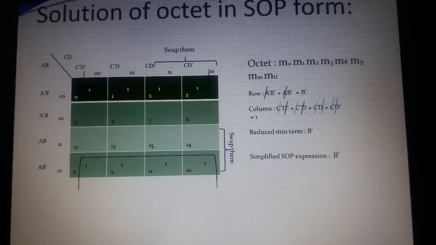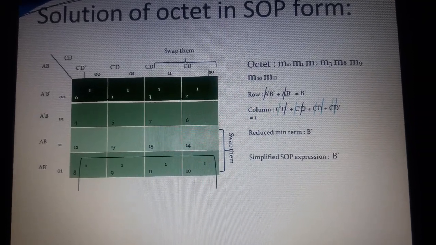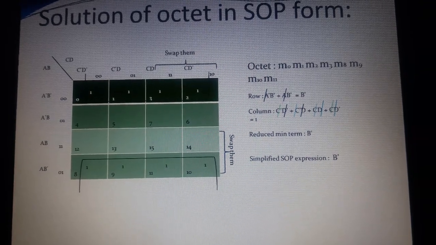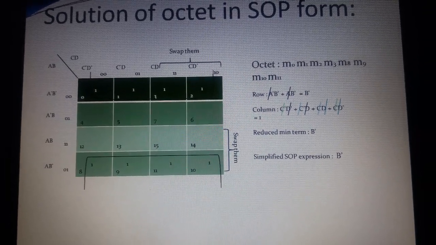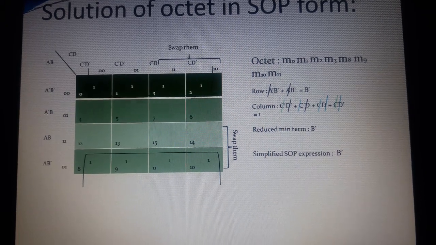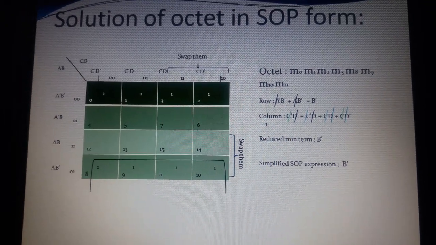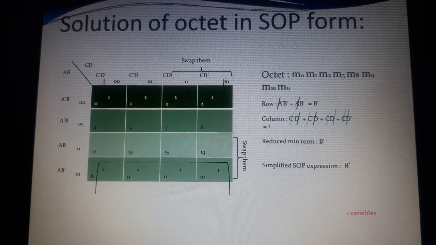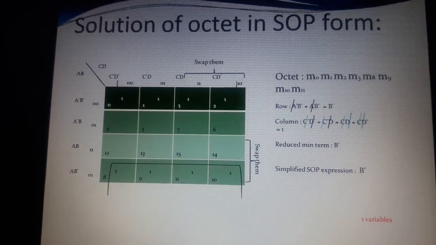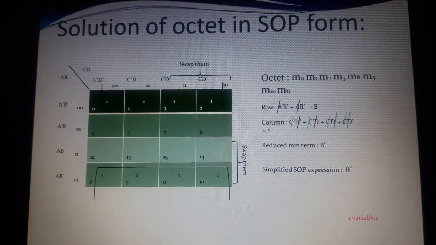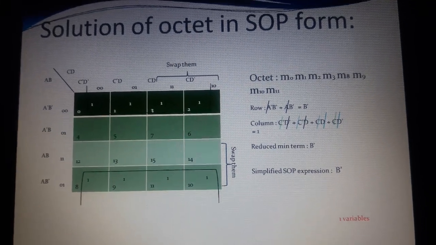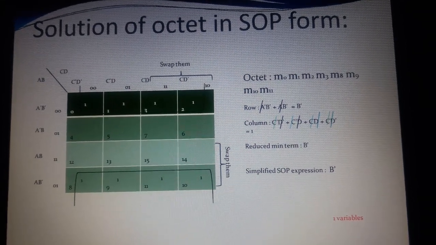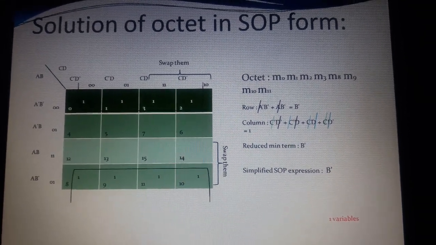I cut all together, I am getting 1, and in row I cut A and A dash, the common term is B dash, and the simplified reduced expression is B dash. Means in an octet we are getting how many variables? Only one.